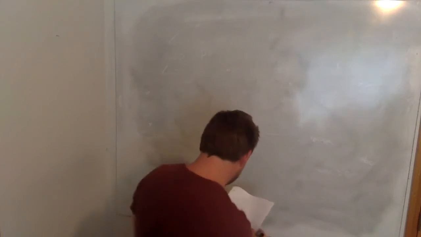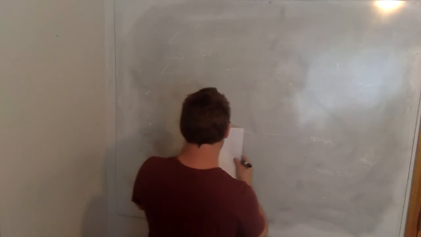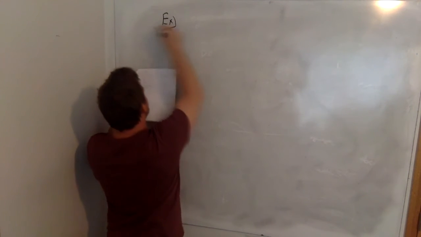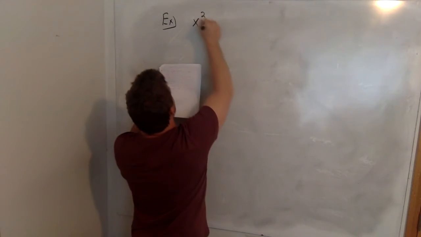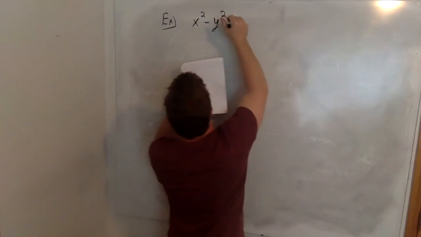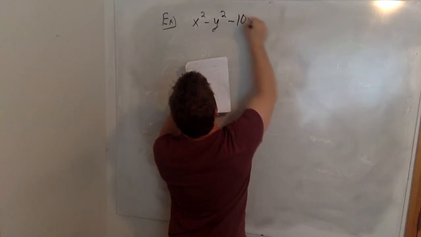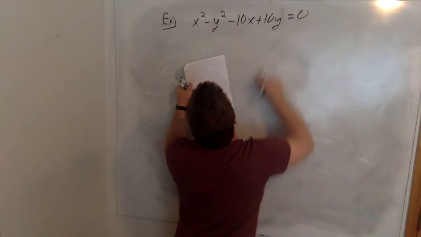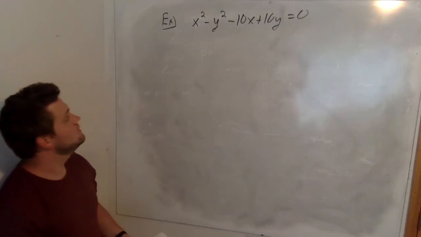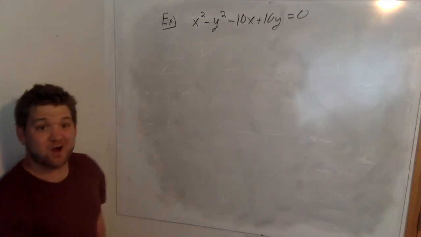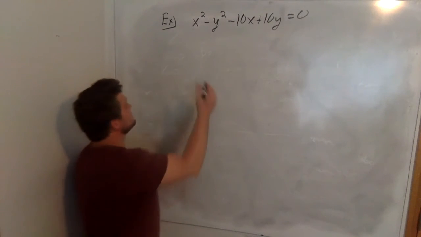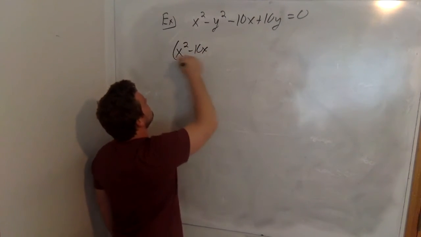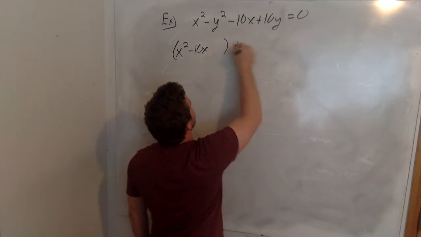All right. So let's say we have x squared minus y squared minus 10x plus 10y is equal to 0. Let's say we try to figure out what conic this is. Let's group our x's together and group our y's together.